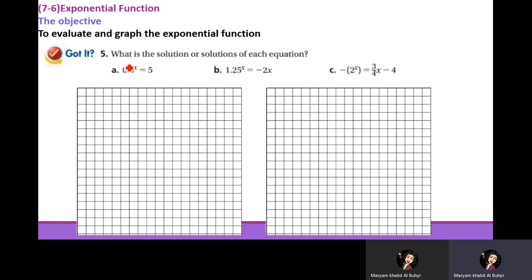Again, step 1, make this one an equation alone and make this one an equation alone. So that means I have y equals 0.3 to the power x, and the other equation y equals 5.